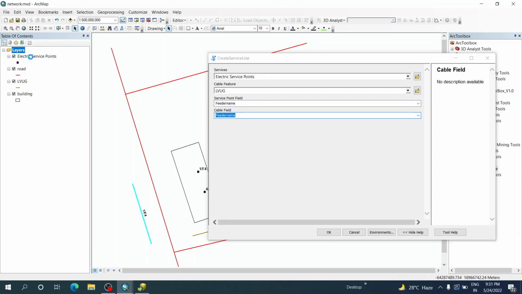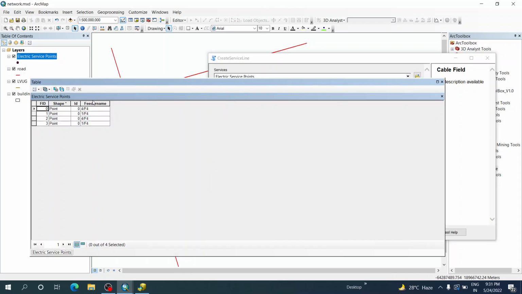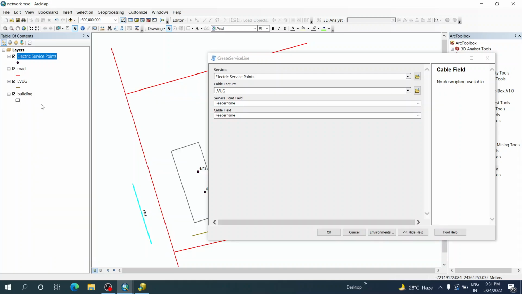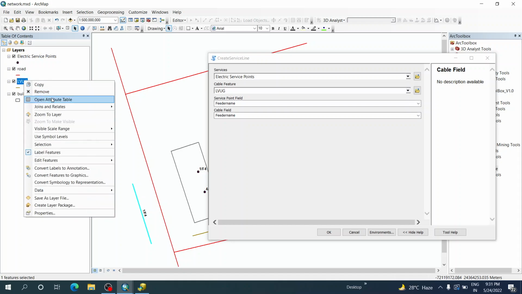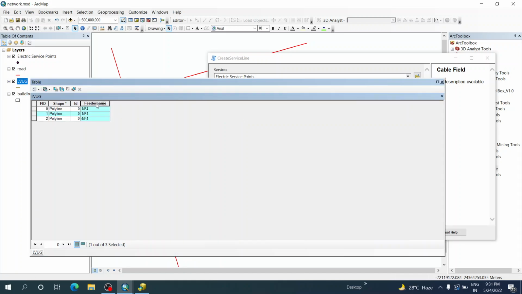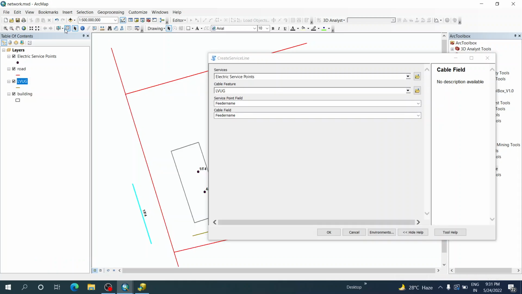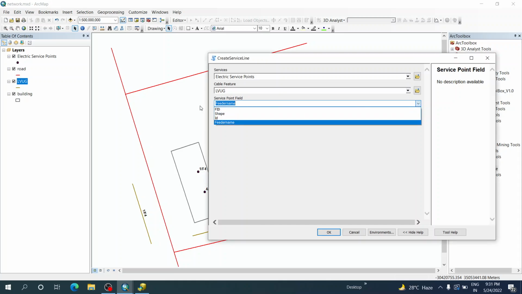So it will build the logic. This feeder name can be anything. I named this field feeder name, but you can name it anything like XYZ or something else. Whatever you want, those field names should be selected here.